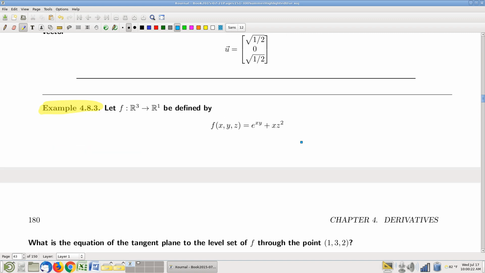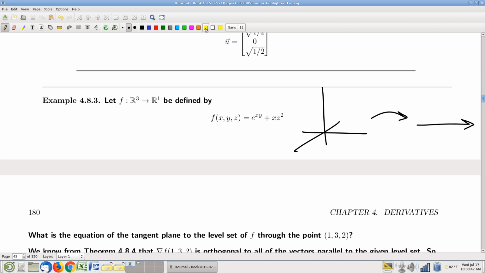Okay, here's a tricky one. Let's look at this real valued function defined on R3. Here's R3. This function is real valued, and we're going to look at a certain level set of f, the level set that goes through the point (1, 3, 2).